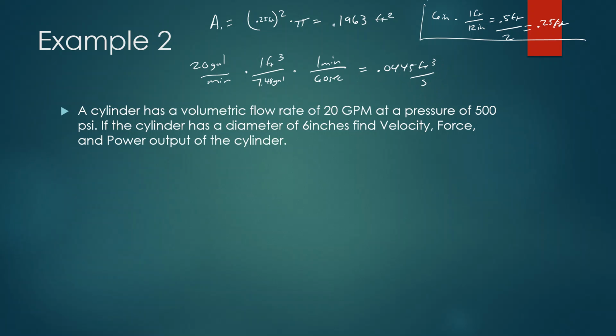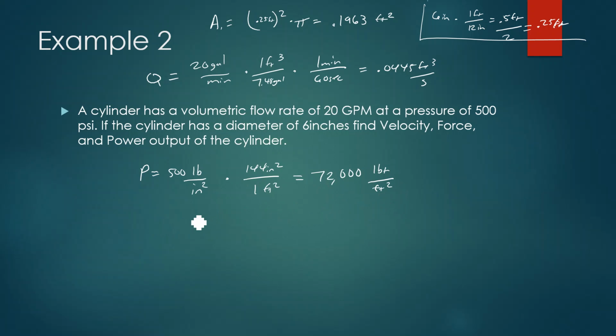That is our volumetric flow rate, so Q equals that. Let's look at our pressure. So we have pressure equals 500 pounds per inches squared, and we're going to multiply this by 144 inches squared per 1 foot squared, so we're going to get 72,000 pounds force per feet squared.